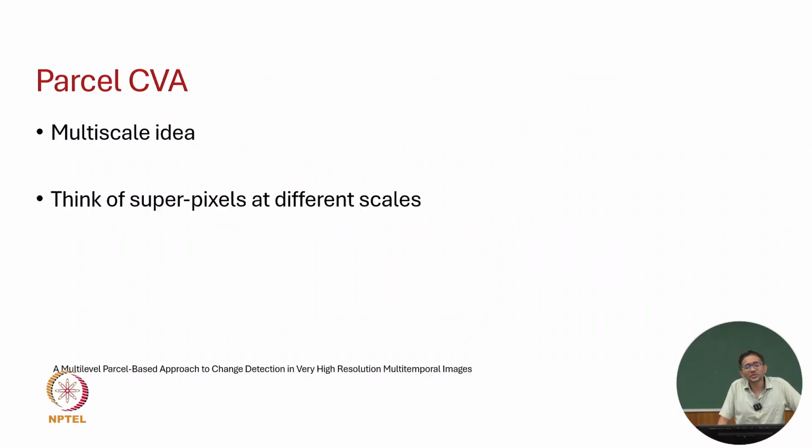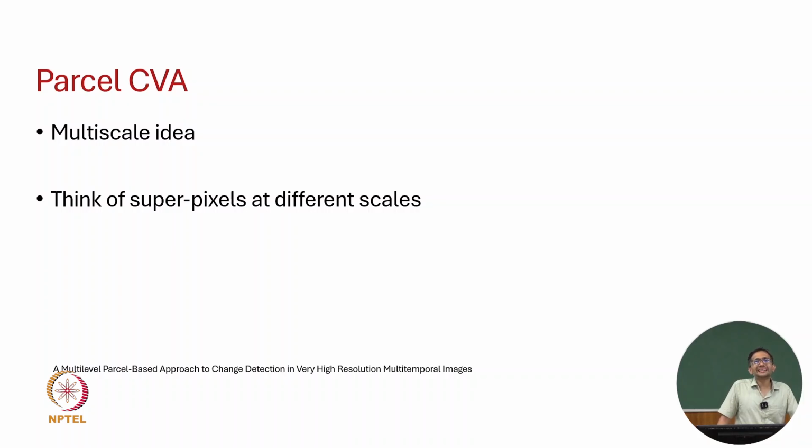Another extension on top of this is partial change vector analysis, which takes this superpixel concept even further. Think of it as multi-scale information. One possibility is that you take the superpixels at different scales, so within one bigger superpixel you have smaller superpixels.